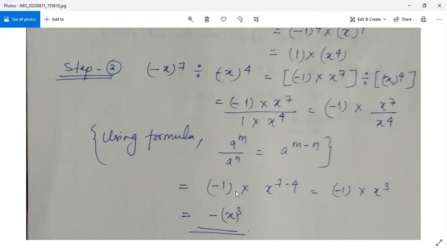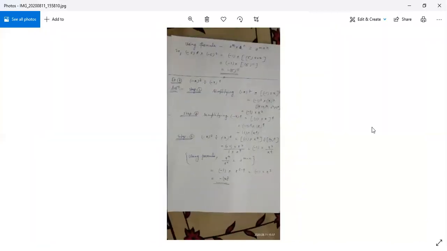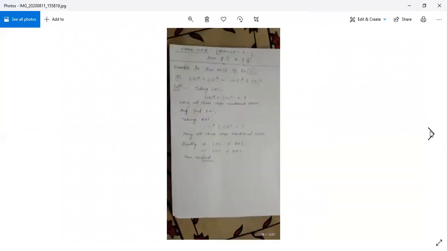Substituting, we write the value as minus 1 into x to the power 7 minus 4. After subtracting 7 and 4, we get 3. So the final answer is negative of x to the power 3, or minus of x cube. I hope you have understood this part.